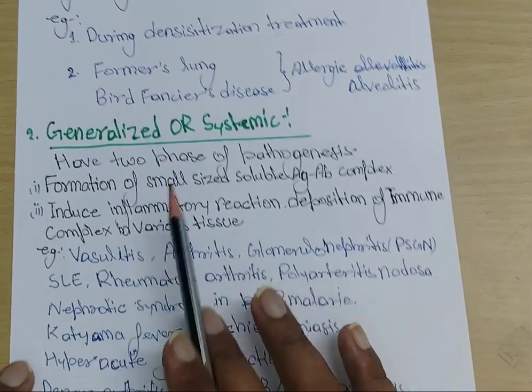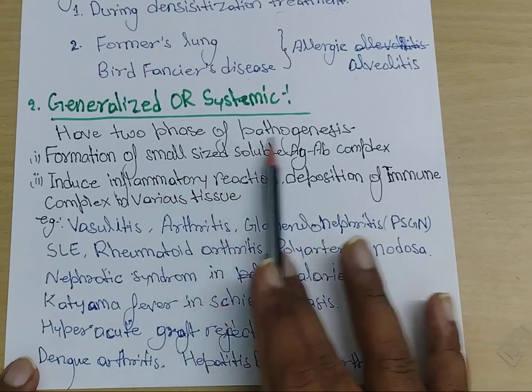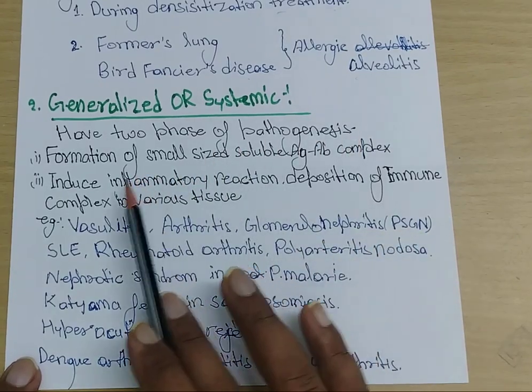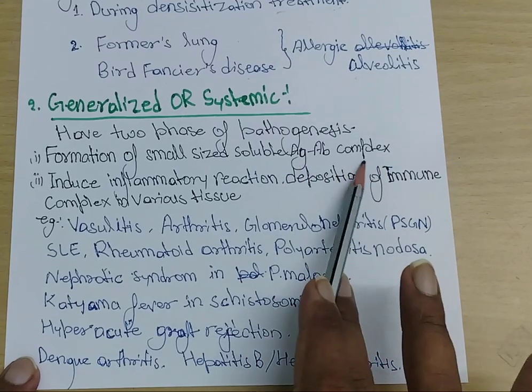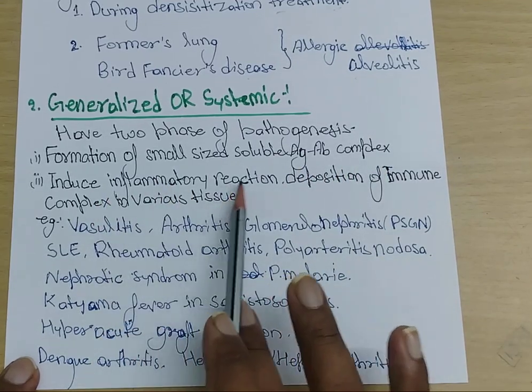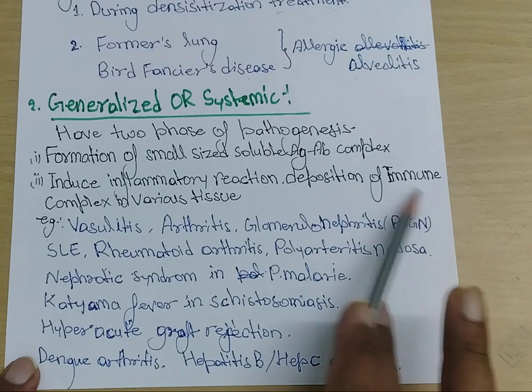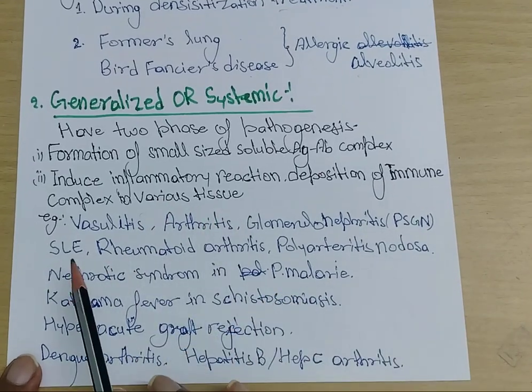Generalized or systemic type has two phases of pathogenesis: formation of small-size soluble antigen-antibody complexes that induce inflammatory reaction, and deposition of immune complexes in various tissues.